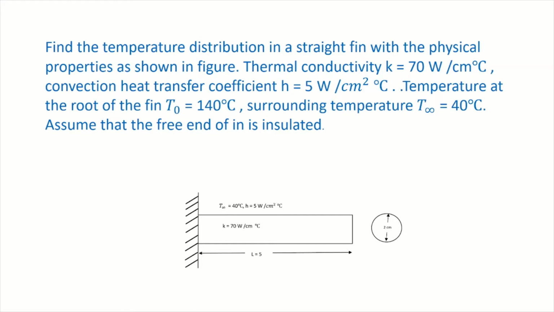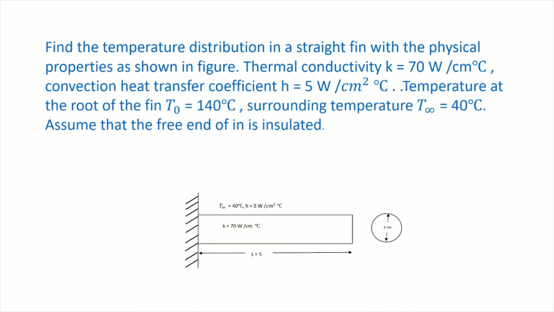Now, this is the problem statement. For the temperature distribution, suppose that the handle is a fin with the physical properties as shown. Thermal conductivity is 70 watt, as it is self-explanatory, and heat transfer coefficient is 5 watt per centimeter square degree centigrade, and this temperature at the root of the fin means this is the source.